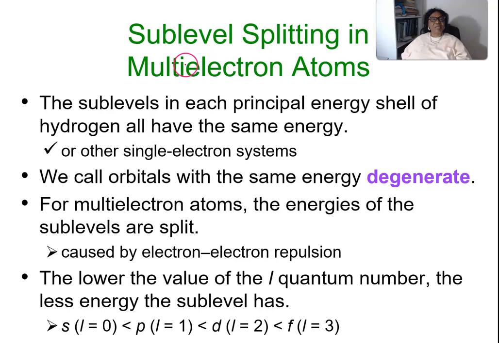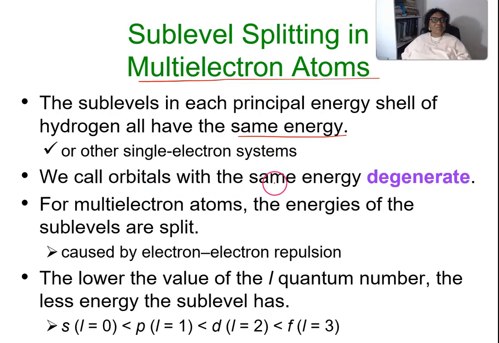Sublevel splitting in multi-electron atoms. The sublevels in each principal energy shell of hydrogen all have the same energy because it contains only one electron, like other single-electron systems.